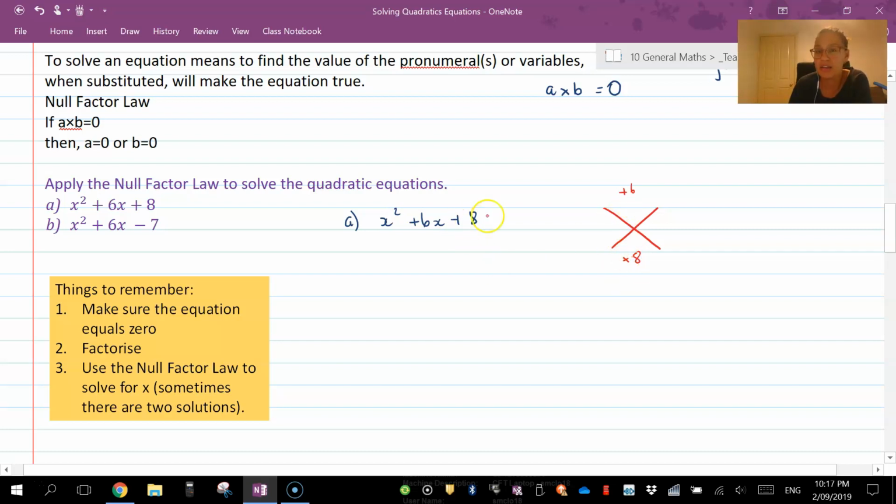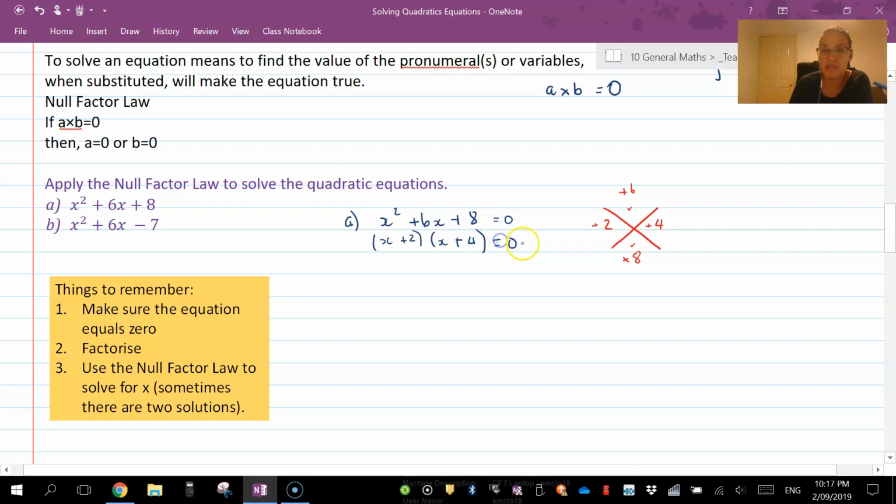I know that 8 is 2 and 4, so I'm going to go with those. When you add them together, positive, positive, I get 6. So I am going to use those as my factors, x plus 2 and x plus 4. Make sure that the equation equals 0. I should have done that, but now I can use that.